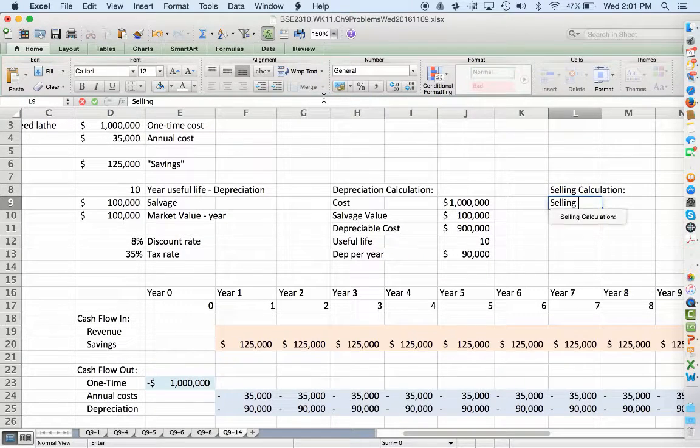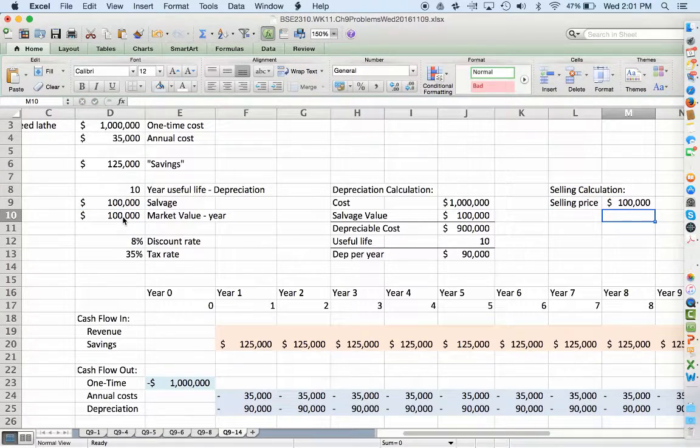Then I look at the book, we call it the book value, at the time of the sale. Well, this is in year 10. So we've depreciated down the lathe, $90,000 a year for 10 years. So 10 times 90,000.